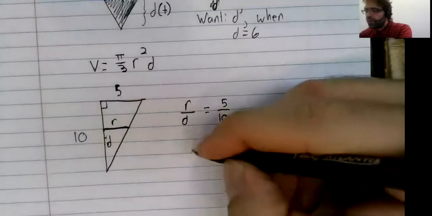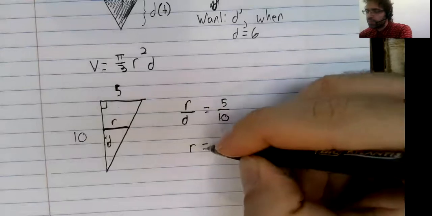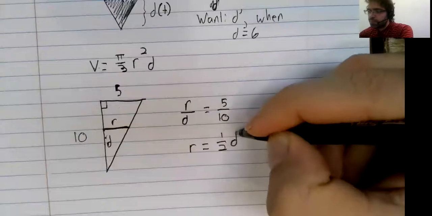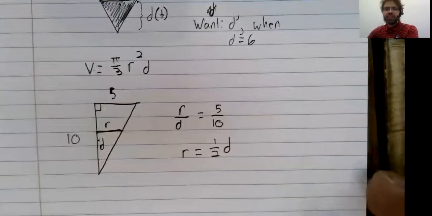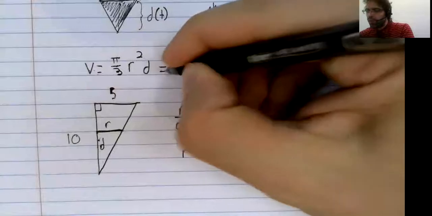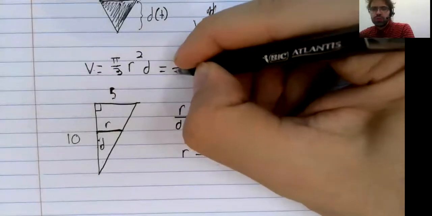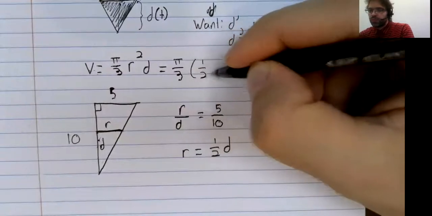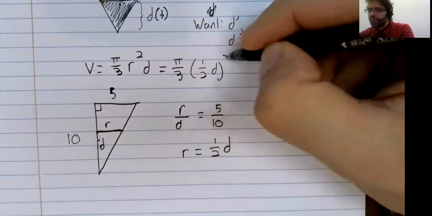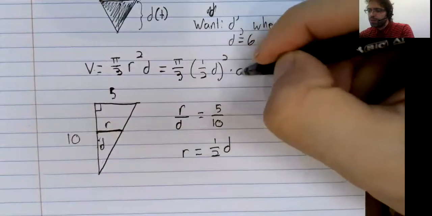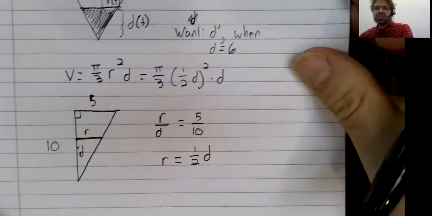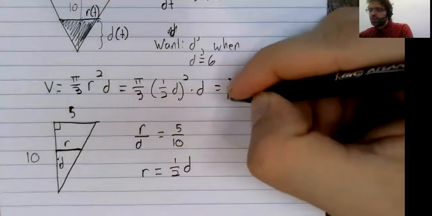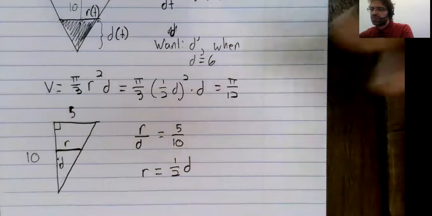But now, we can get rid of R. The volume is pi thirds times 1/2 d squared times d, which works out to pi 12ths.